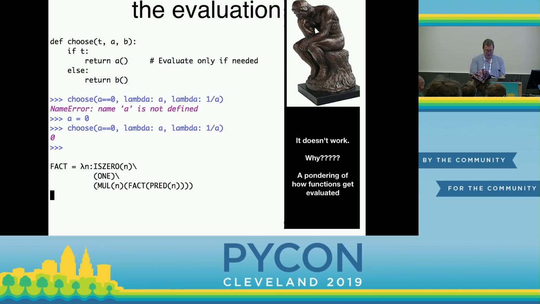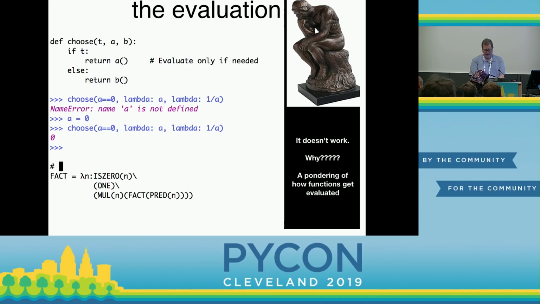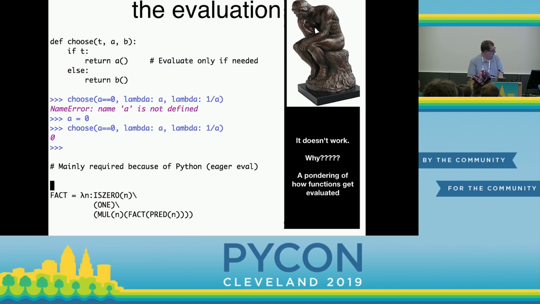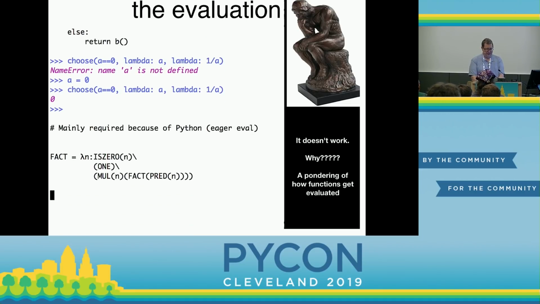Now, I will just preface this as saying that this is mainly required because of Python, basically the eager evaluation. One way that I can fix this is I can implement a different implementation of true and false.